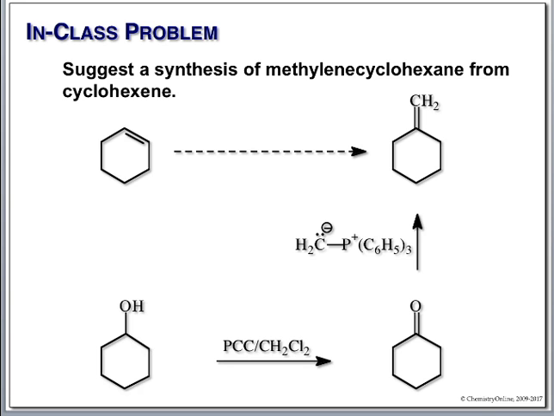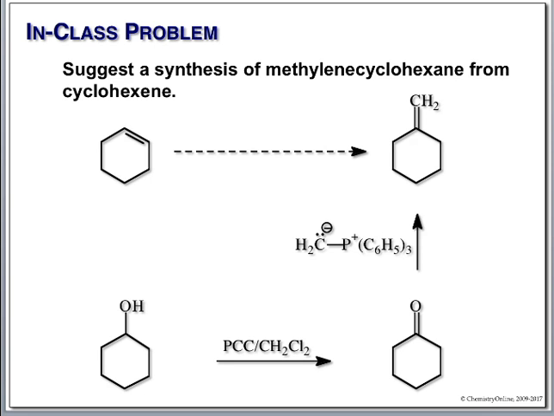Let's just use PCC because we can. Now our synthetic problem is really 234-ish. We're starting with cyclohexene. We want to make cyclohexanol. We know three ways to introduce the OH group.